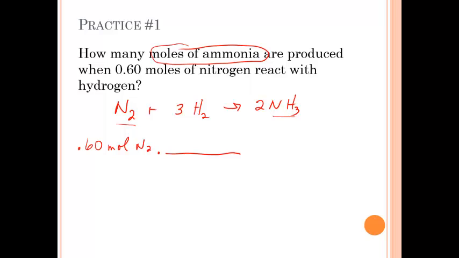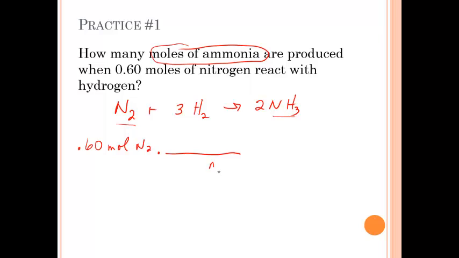We stayed within just the one substance. Well, now we need to be able to convert between reactants and products, or products to reactants. And so in this case, we have to use a mole to mole ratio to go from one substance to a new substance. That's the only way you can do it.